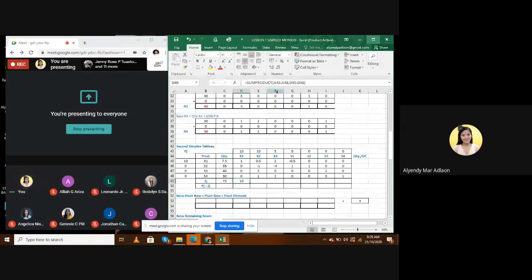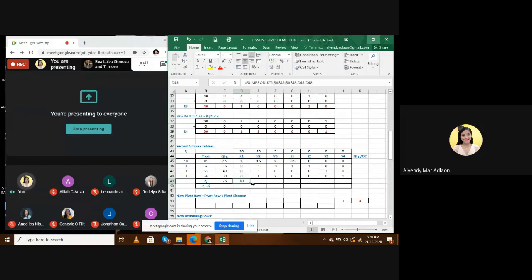Put a dollar sign. Okay, so we put a dollar sign on the blue highlighted cell so that when we drag, it will not move. Only the red cells will be moved, since we need to change columns.